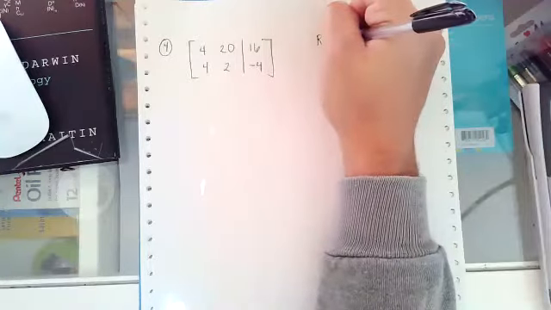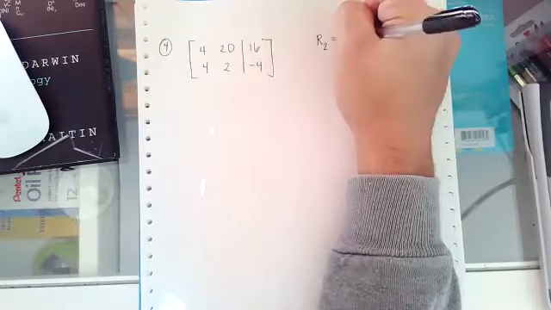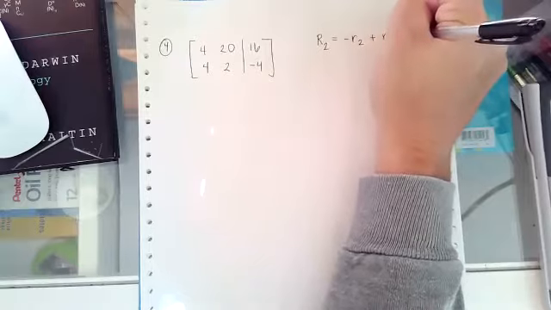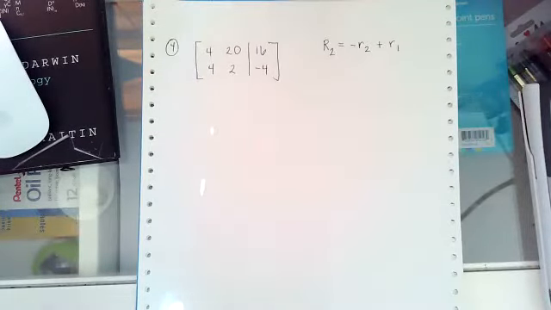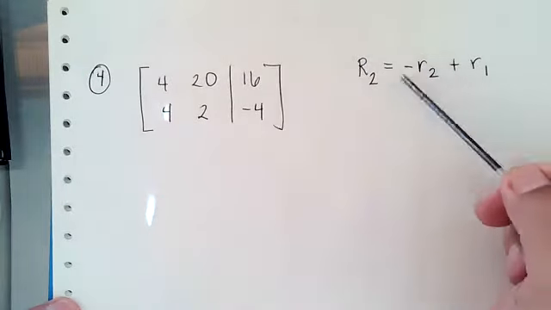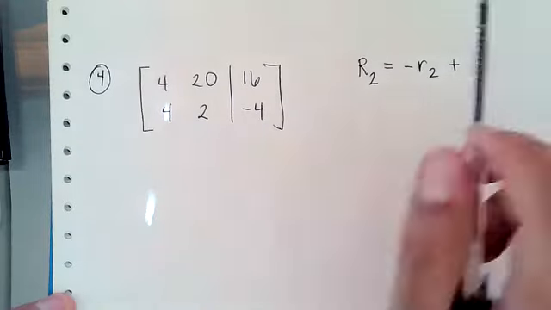Row 2 is equal to negative row 2 plus row 1. And let me zoom in. There we go. I don't want to lose anybody because I'm not zoomed in far enough. So take a moment to perform that operation, that set of operations. Remember, take your time, do this part first, and then take whatever the result of that is and add it to this part, okay?